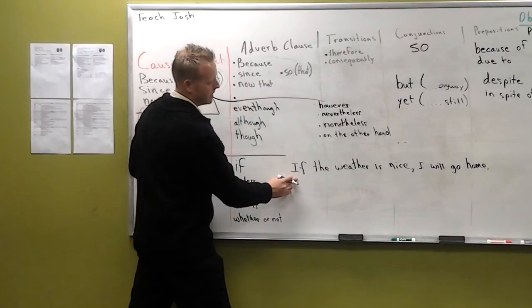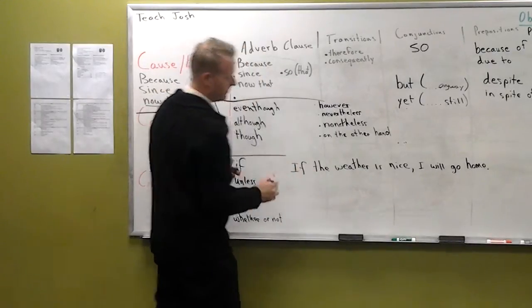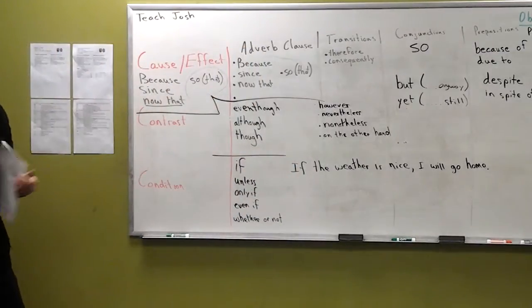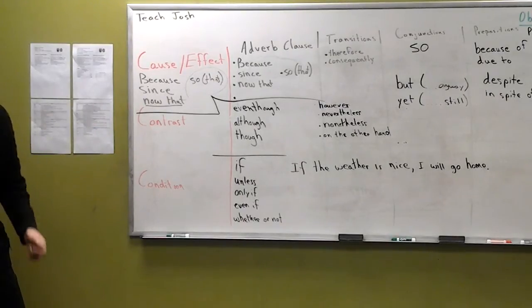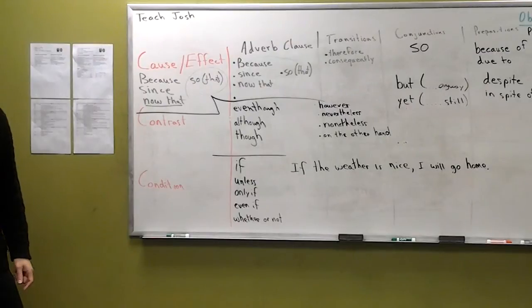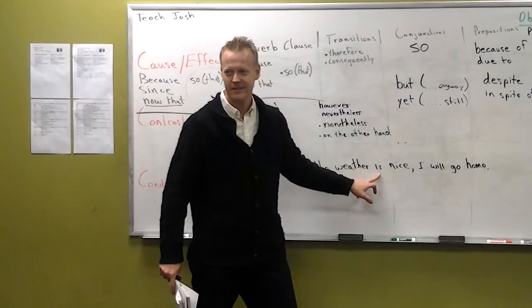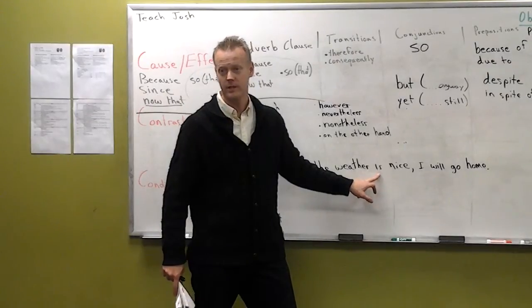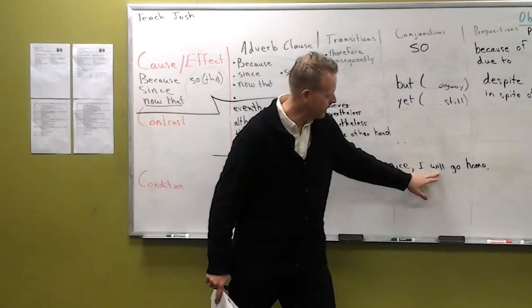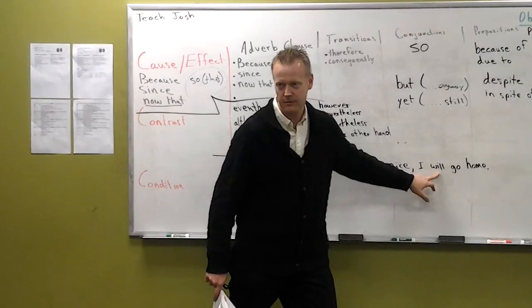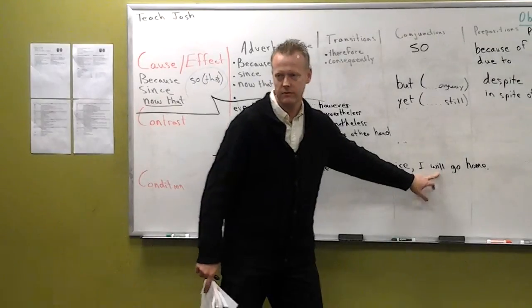So, again, the thing I want you to notice is the comma, and you just created a condition. All right? And is that a first, second, or third class condition? First. It's a first class condition. He used what tense in the if clause? Present. It's always present in a first class condition. And then you decide. Are you talking about future or present? Future. So it's future. Good.